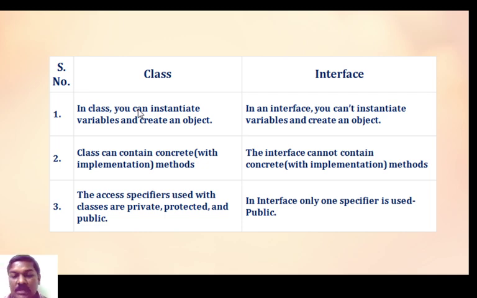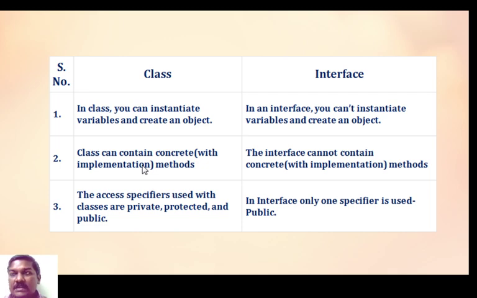The next one is a class can contain concrete methods. A concrete method means a method which contains statements in it, whereas an interface cannot contain concrete methods. In the previous example we discussed, right?